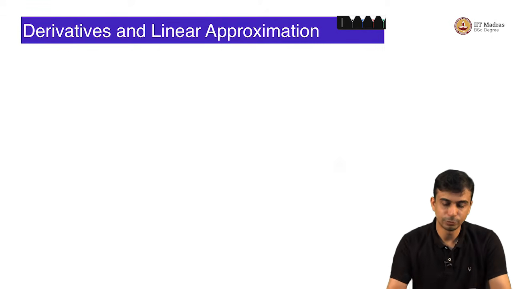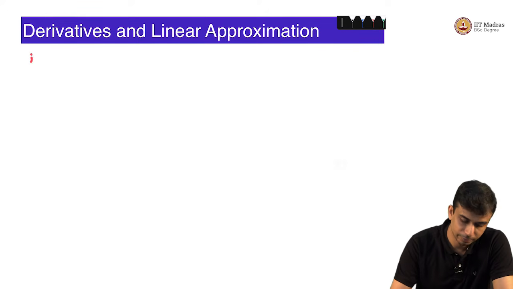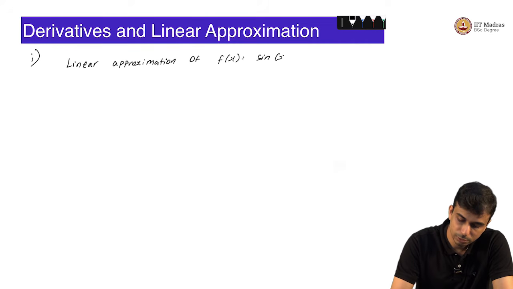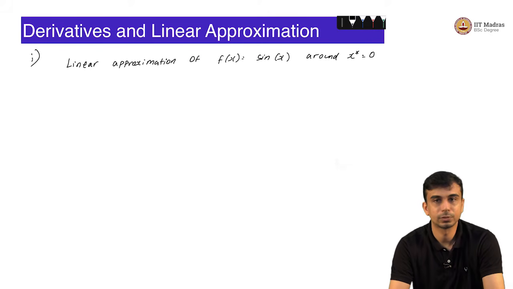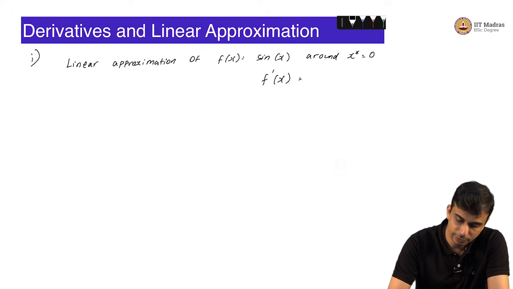Okay, now we have the basics of linear approximations and tangent lines. We can see some examples. The first example is perhaps the most famous one. Give the linear approximation of f of x equal to sin x around x star equal to 0. So, to do that you need f dash of x. What is f dash of x?